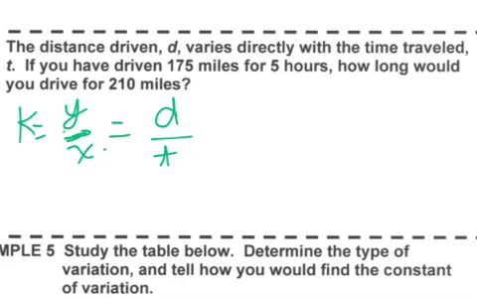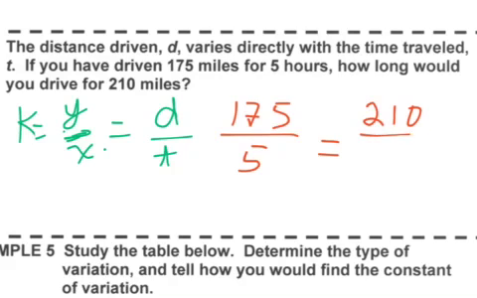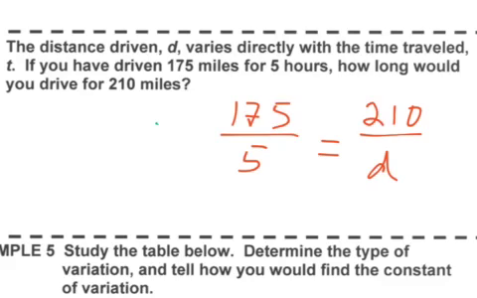This one we'll set up with: if you've driven 175 miles for 5 hours, how long would it take you to drive 210 miles? Cross multiplying gives us 175D equals 210 times 5, which would make 1050.